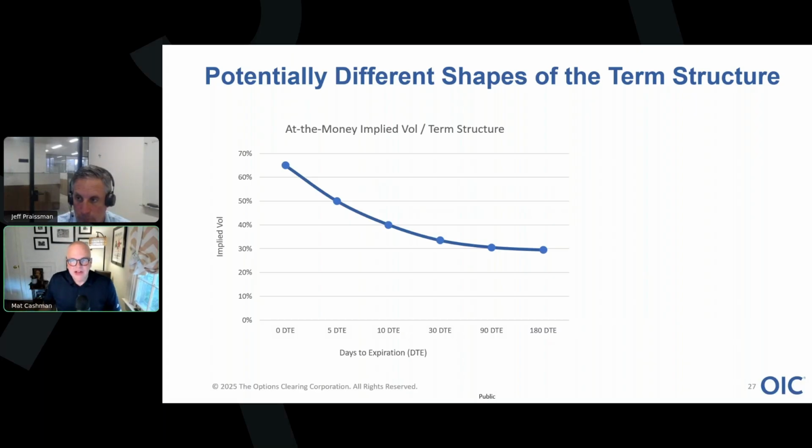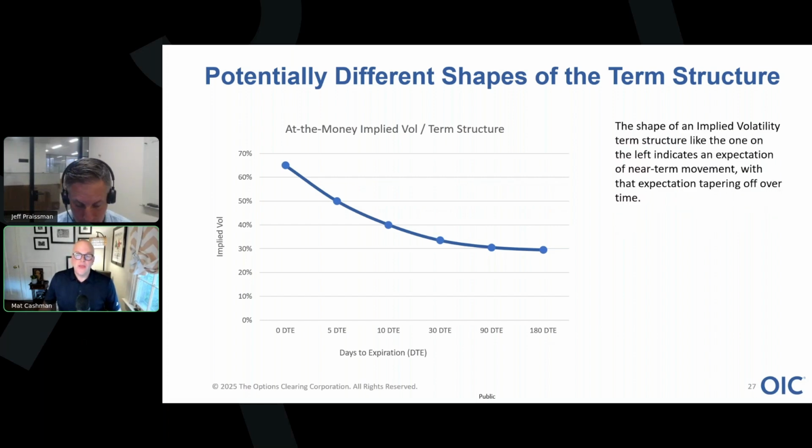Now, it's saying something very specific. It is telling you that the market expects a certain amount of movement in this 0-day bucket and this 5-day bucket and 10-day bucket that it does not expect for the entire 180 days in these options.